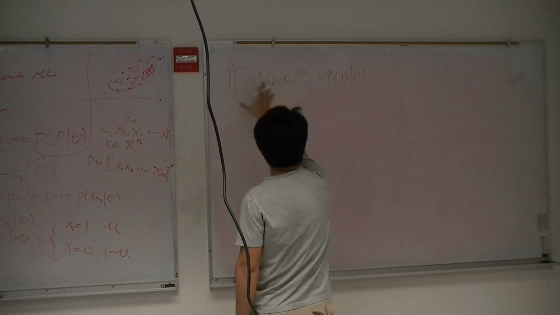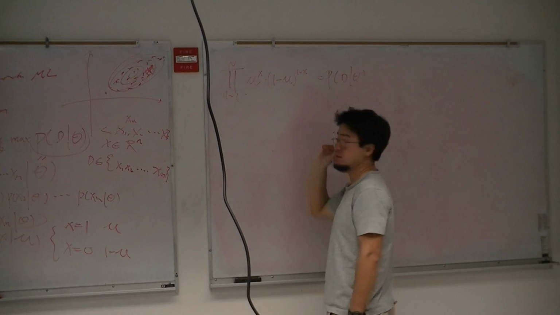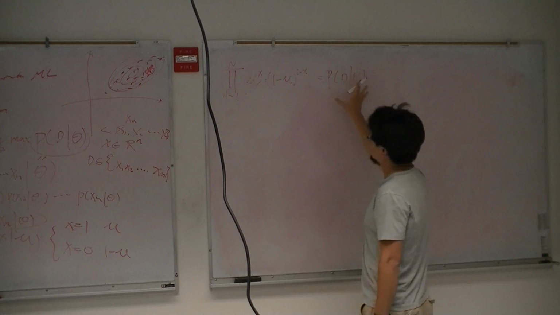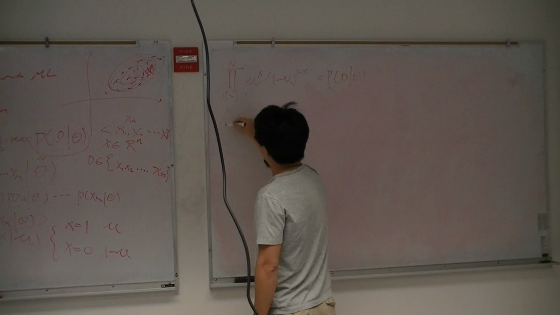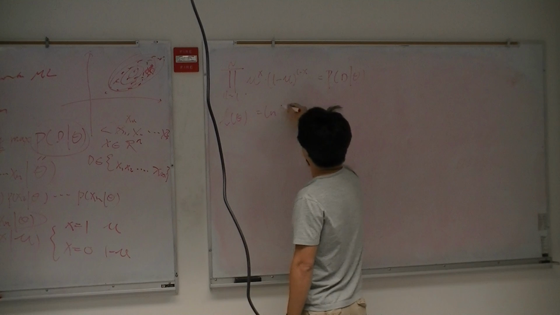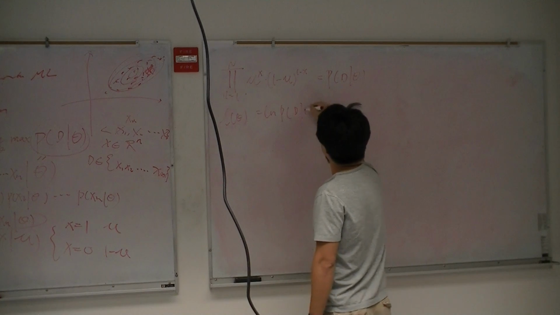Because this is kind of complex to compute, which is all multiplications, we usually take the log form of this distribution, which is the log likelihood of theta, equal to log of p(D) given theta.